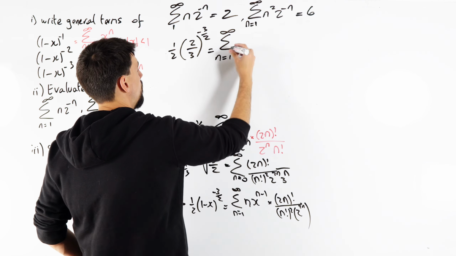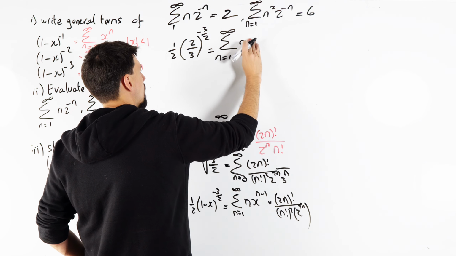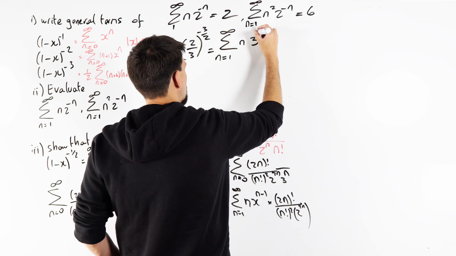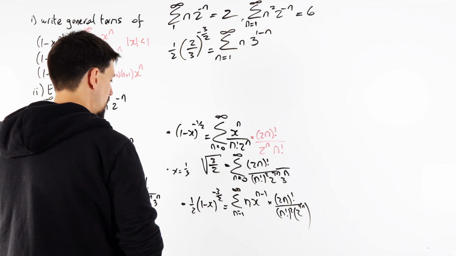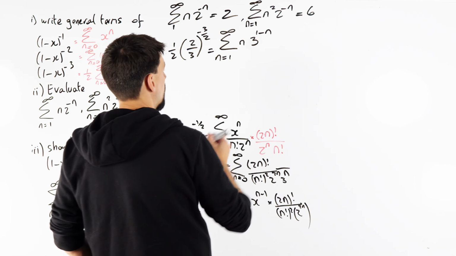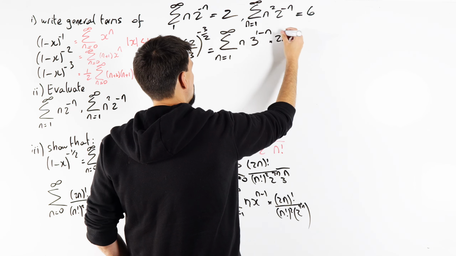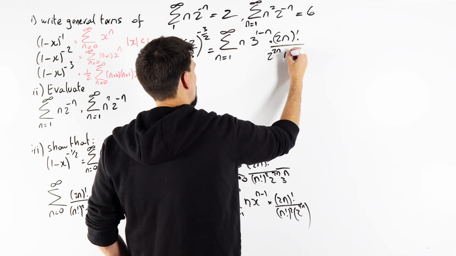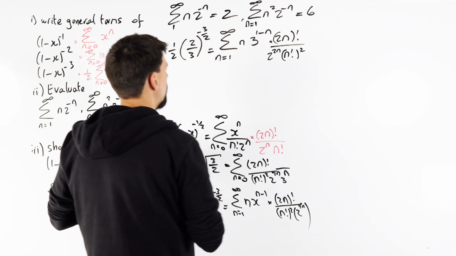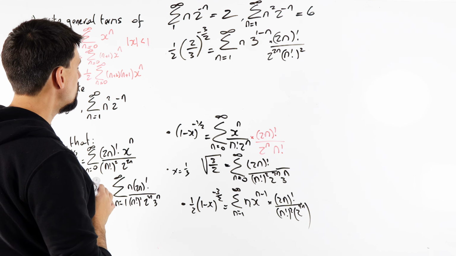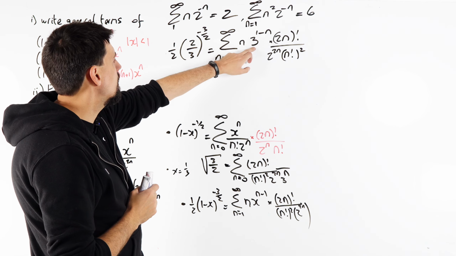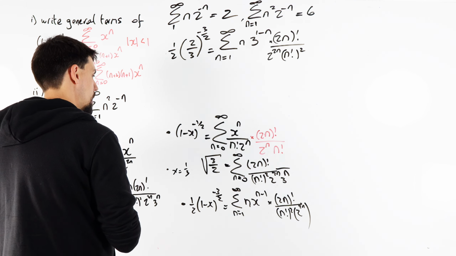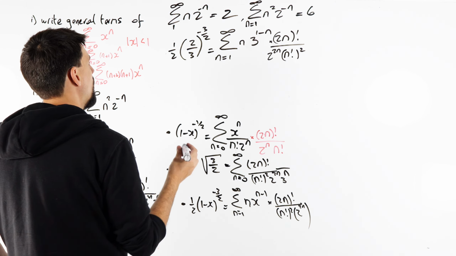Well, the 0th term won't do anything. 3 to the 1 minus n, I do believe that becomes, times 2n factorial over 2 to the 2n, n factorial squared. And basically, I can just pull that 3 to the 1 out front.